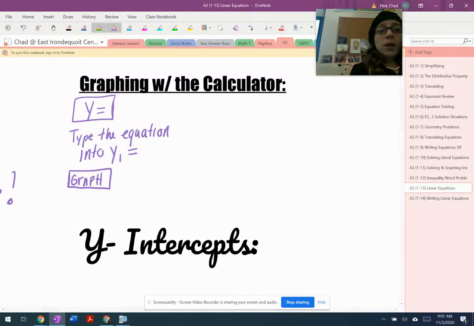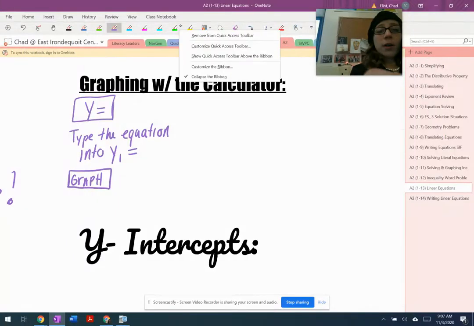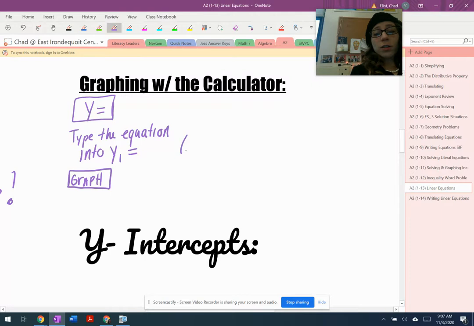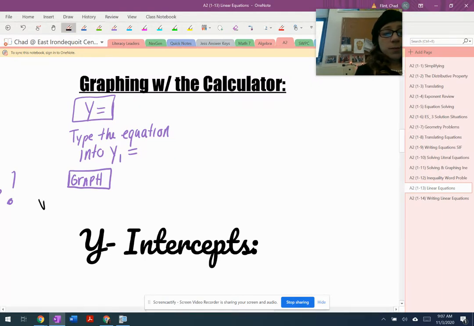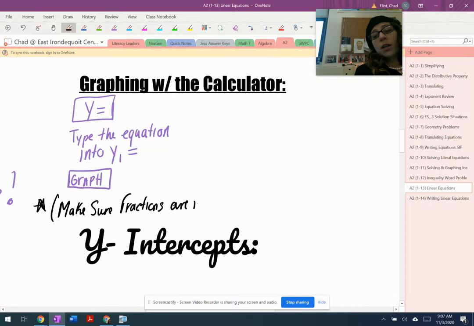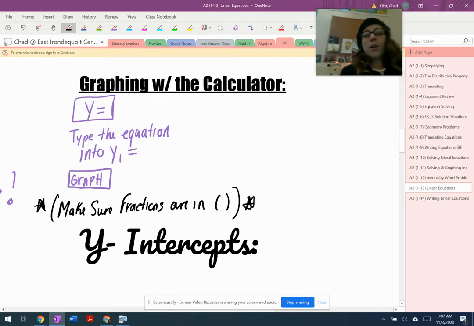Boom. Just make sure that when you are typing it in there, make sure fractions are in parentheses. Very important there.